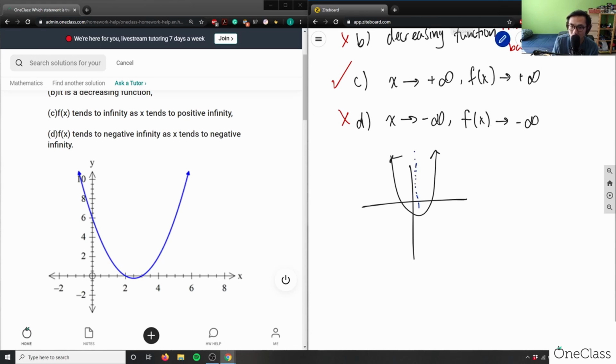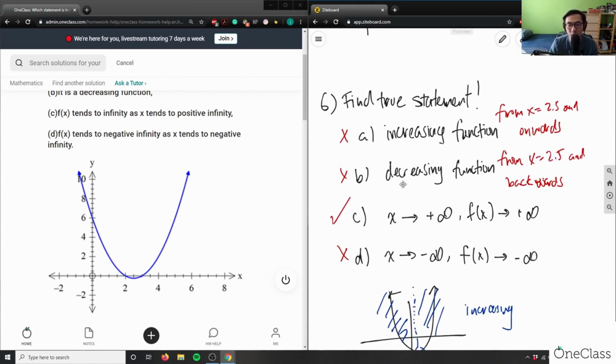So if the vertex is like here, for example, this side here is increasing, and this side here is decreasing. So the function is both increasing and decreasing around this vertex. In this case, it's still a true statement, but this is more true, if that makes any sense at all.